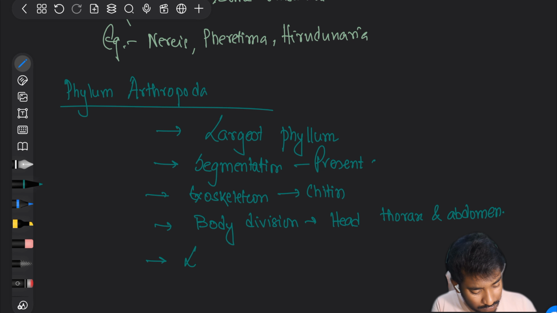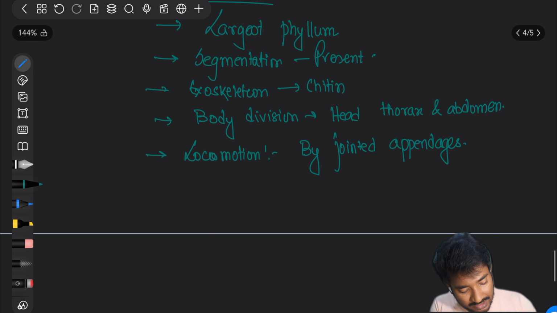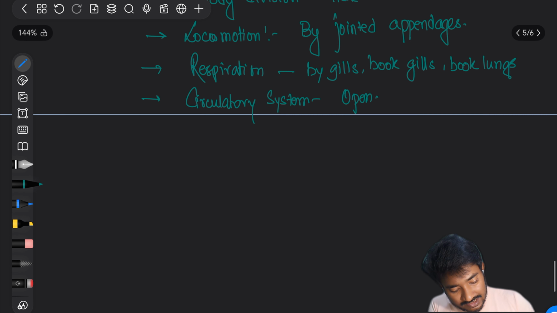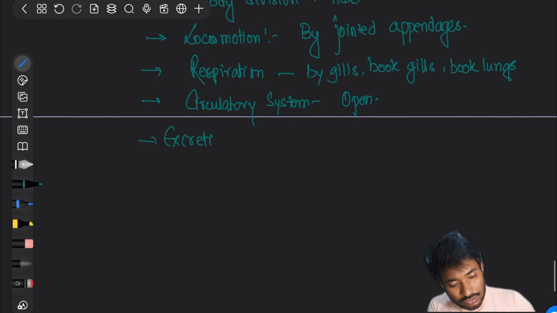Locomotion by jointed appendages. Respiration by gills, book gills, book lungs. Circulatory system open. Excretion through Malpighian tubules.